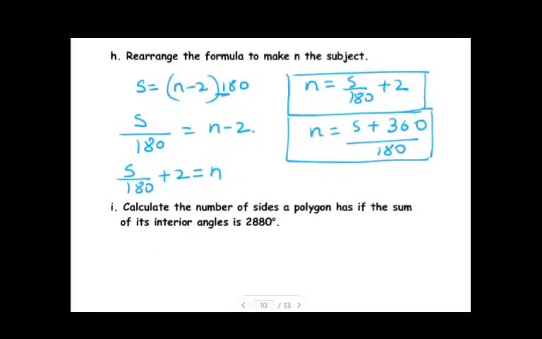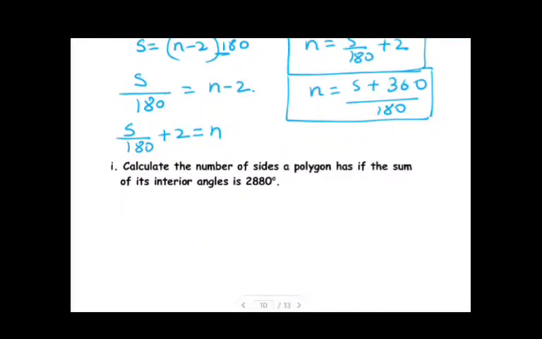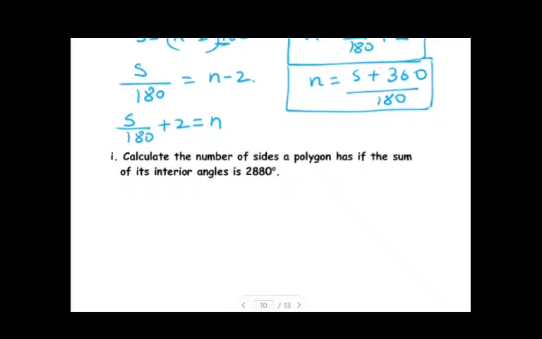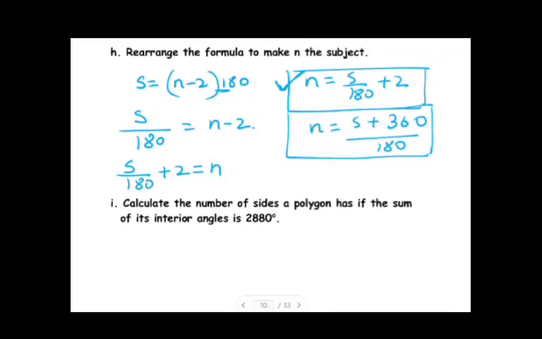let's go to the next one. Calculate the number of sides a polygon has if the sum of its interior angles is 2880. So let's use this formula, the smaller numbers make the sum look easy. We have to calculate the number of sides, children. n is equal to S upon 180 plus 2.